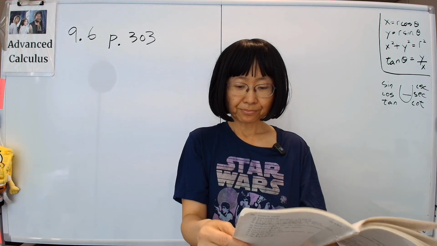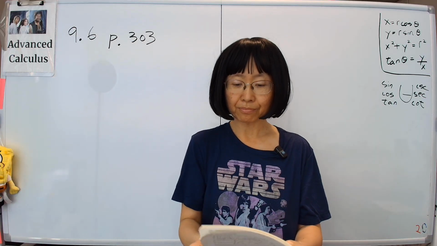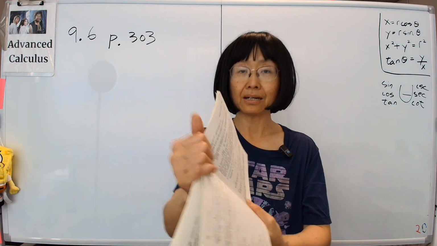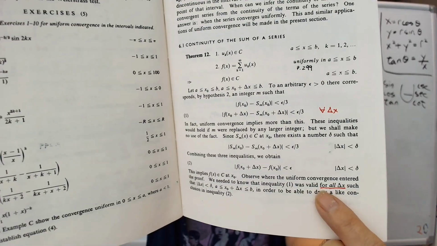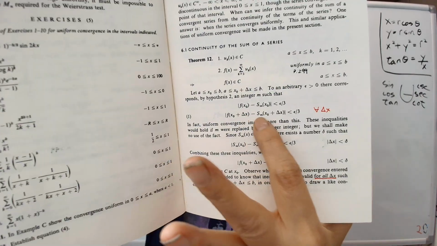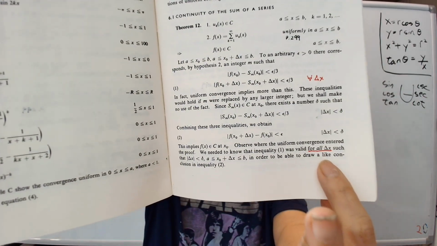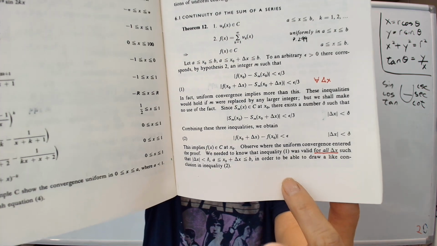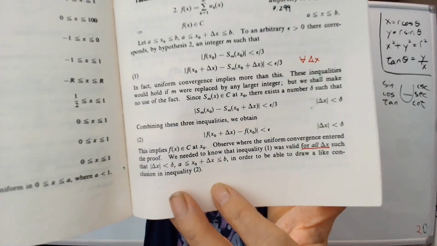Now remember that this rule applies because uniform continuity was being used, where this inequality 1, this one right here, is true for all x, delta x. This part is important. Otherwise, this proof wouldn't be working quite as well as it should.